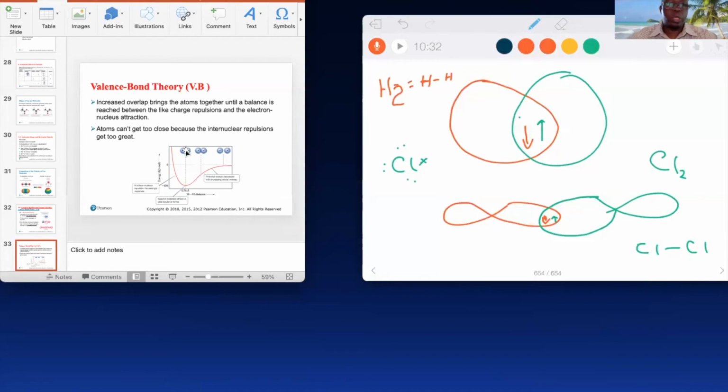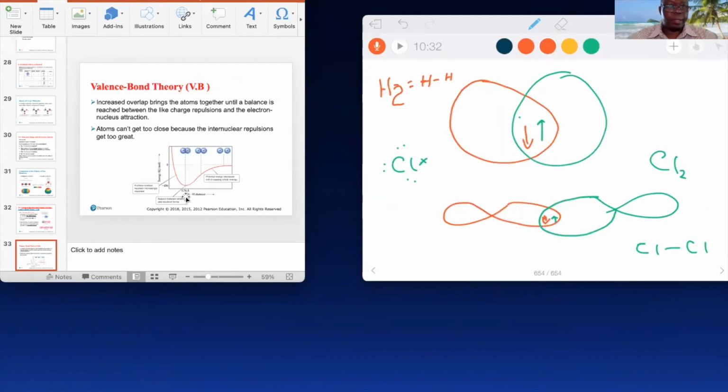So that optimum distance between the two nuclei such that the bond will be formed is called the bond length, which in this case for hydrogen is 0.4 angstrom.